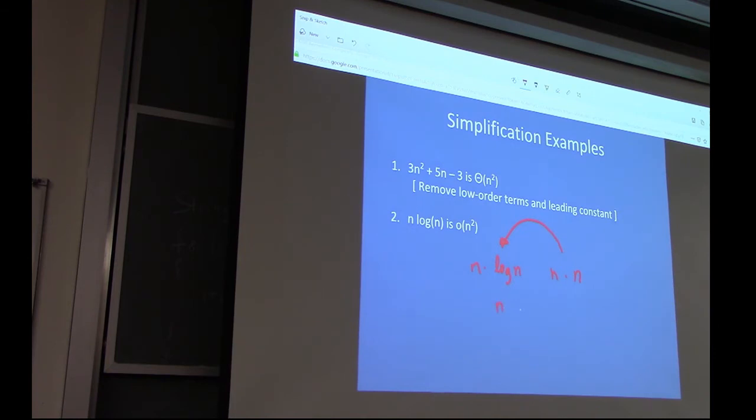So n is O of n, right? I'm comparing this guy to that guy, and they grow the same. And then we take the remaining two pieces, and we have to argue that log of n is little o of n.